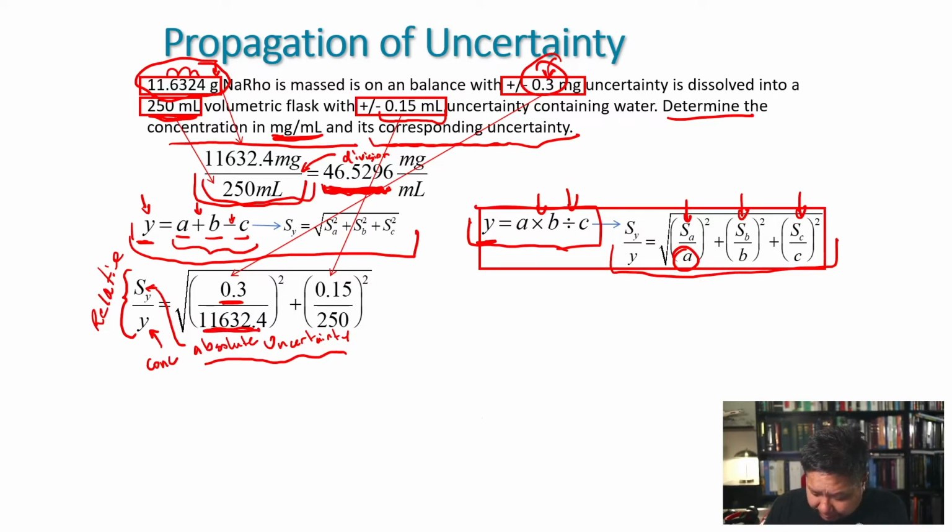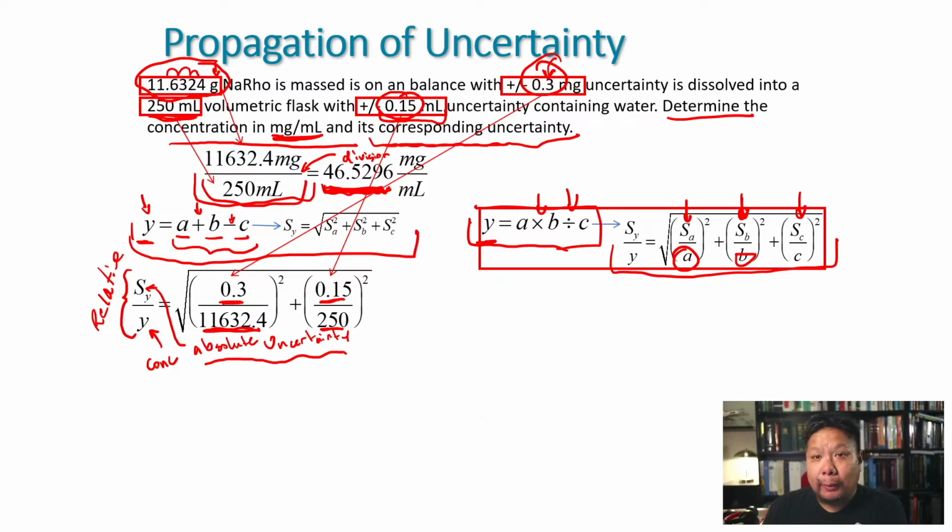Then for SB, that's the uncertainty that was associated with the volume measurement. So that's the 0.15, there's the 0.15 right there. And then the B itself is the volume that was associated with that, which is the 250, which is what we see here. And so you do have SC over C, but we don't have any other measurements to add onto that.